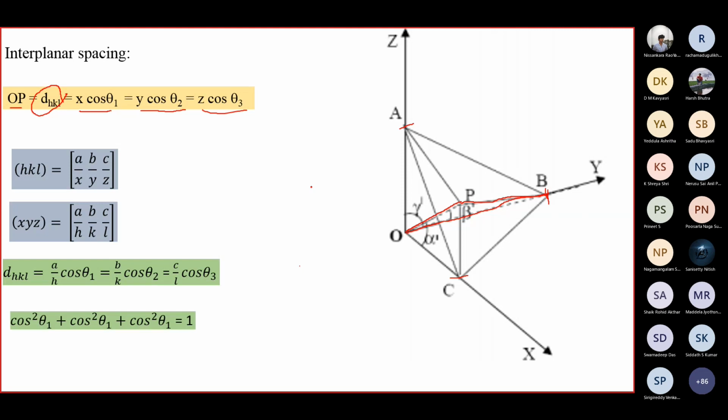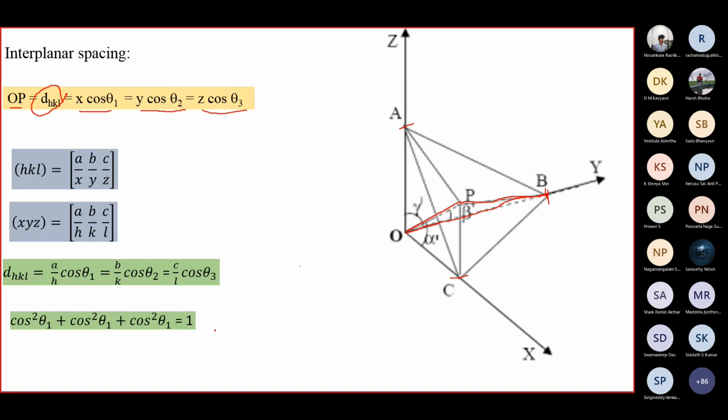Then cos square theta 1 plus cos square theta 2 plus cos square theta 3 is equal to 1. But there is some mistake here.